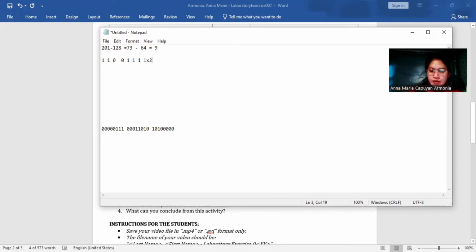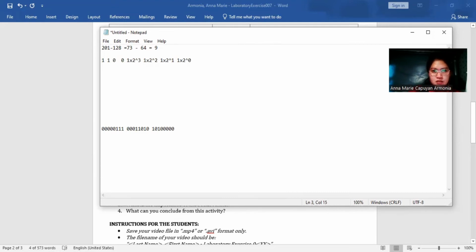Okay, 2 raised to the 0 power. This one is 2 raised to the power of 1. Okay, 2 again, then 2.